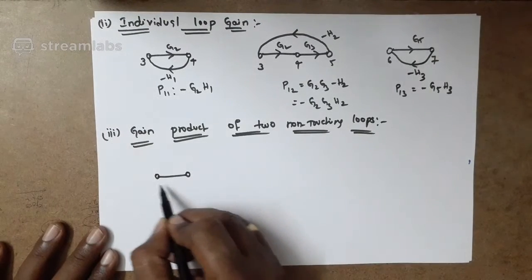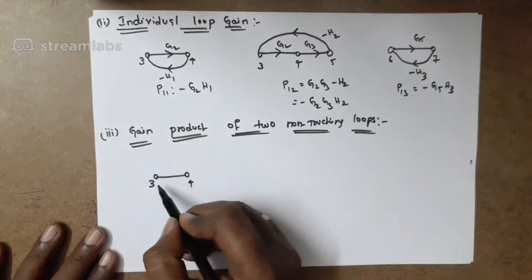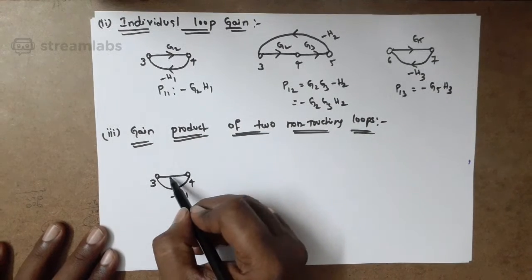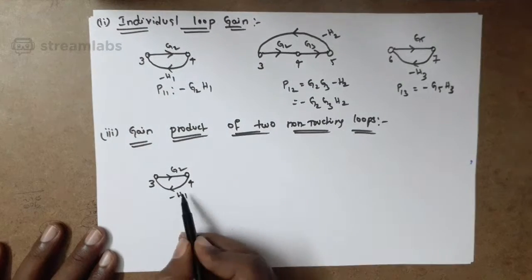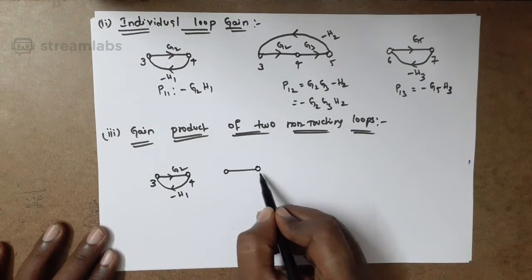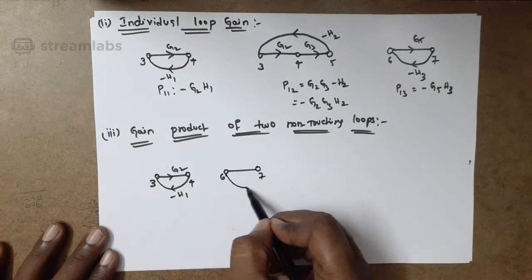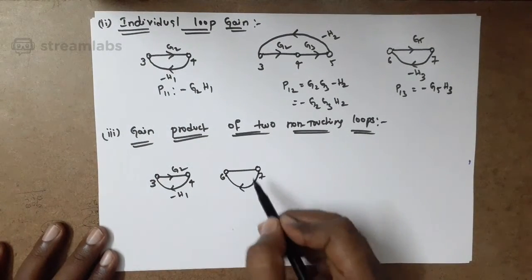So 6, 7 and 3, 4 is a combination of non-touching loops.